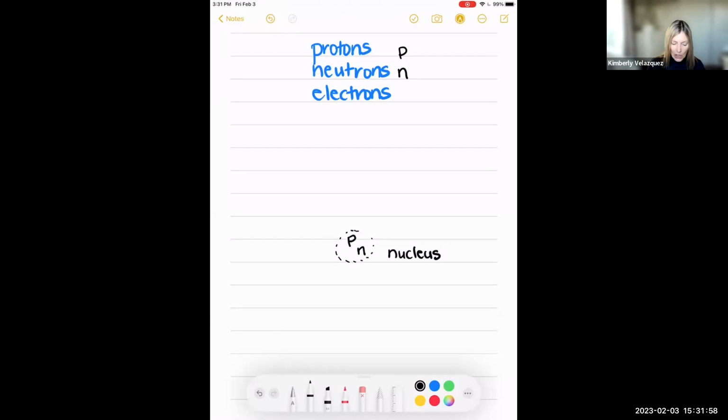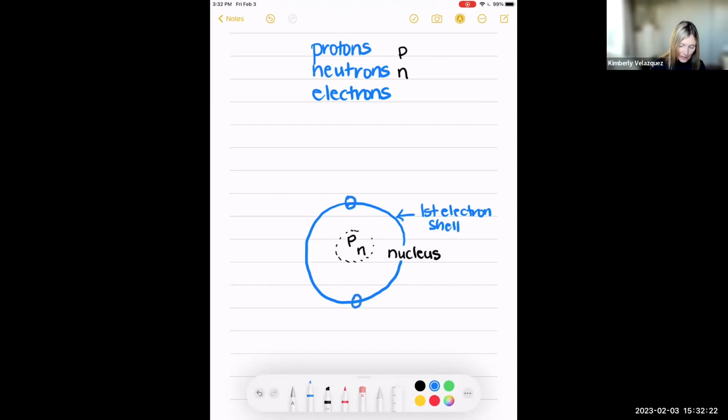These electrons are contained in what are called electron shells. And closest to the nucleus is what we call the first electron shell. And that first electron shell can hold a maximum of 2 electrons.